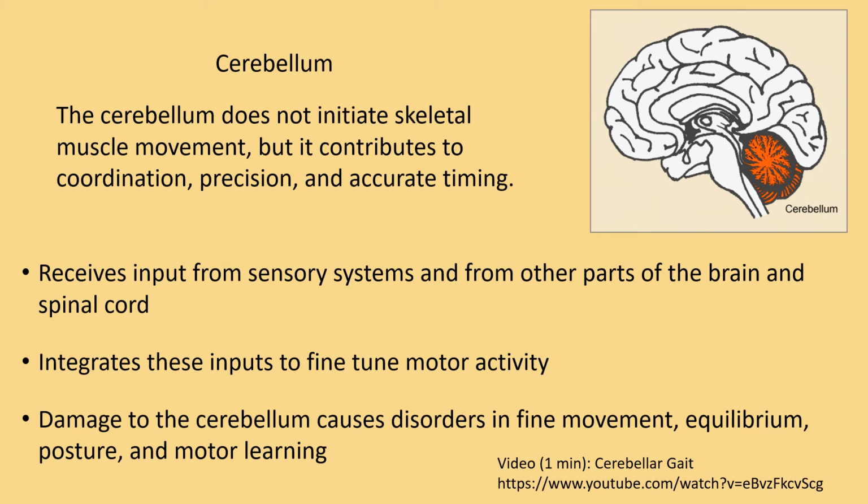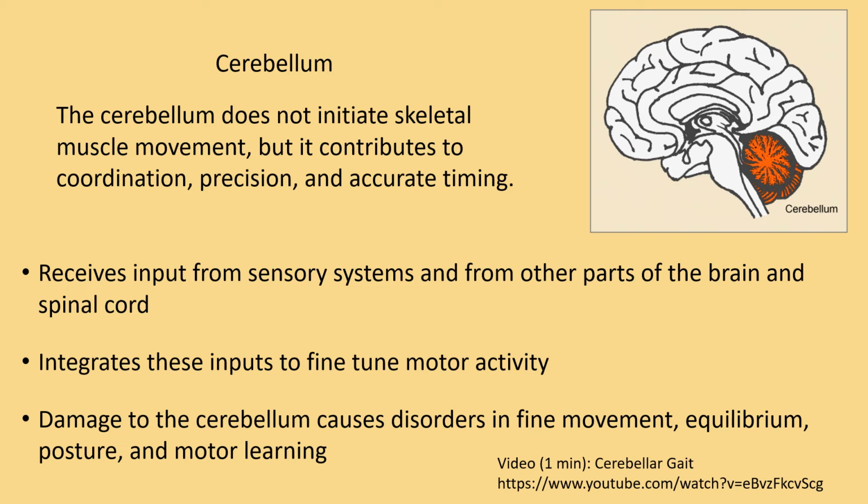All right, our next major brain region is the cerebellum. The cerebellum is located sort of between the occipital lobe, which is part of the cerebrum, and the brainstem. And the cerebellum does not initiate skeletal muscle movement, but it does play a huge role in smoothing and coordinating skeletal muscle movement.